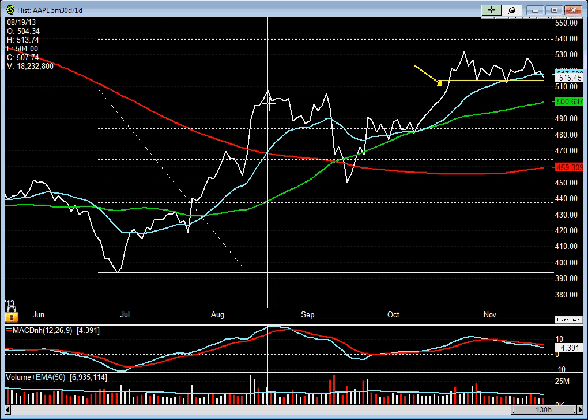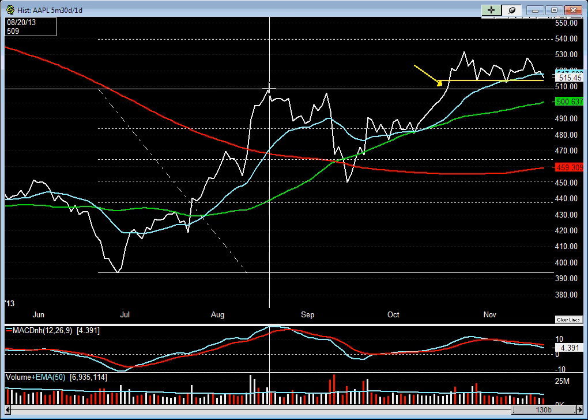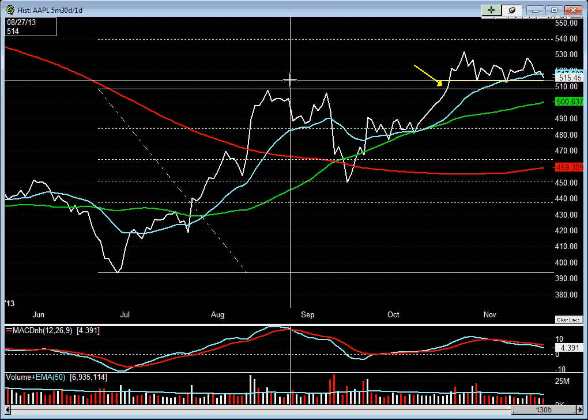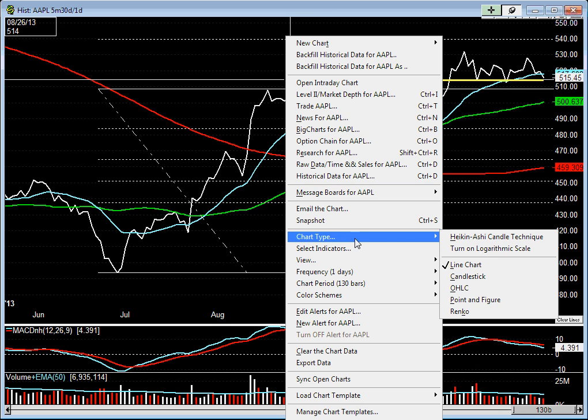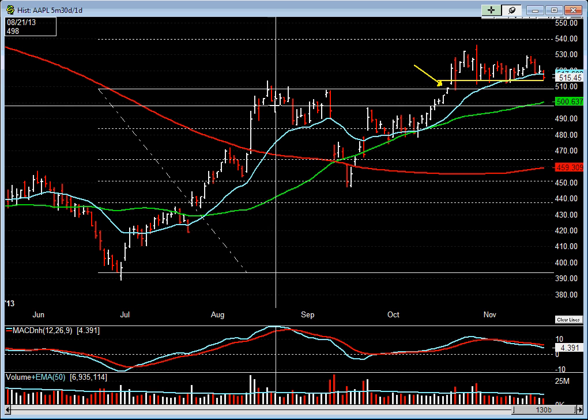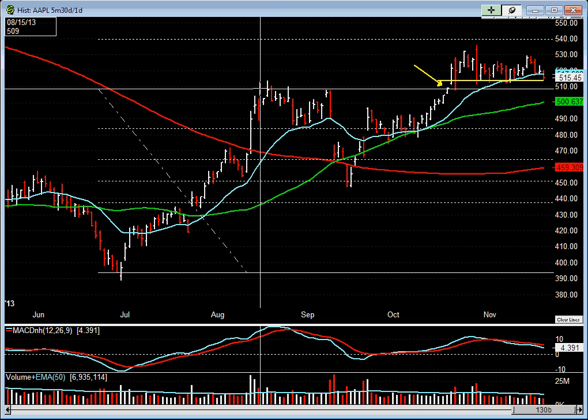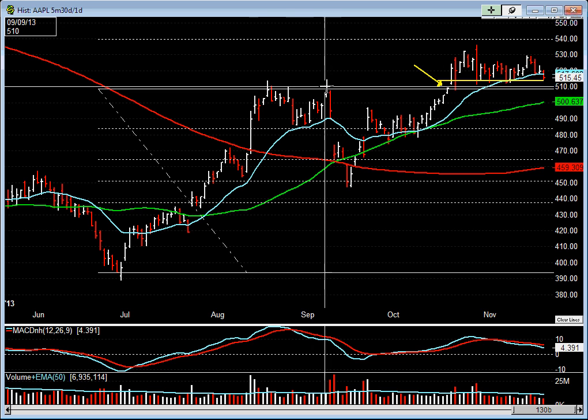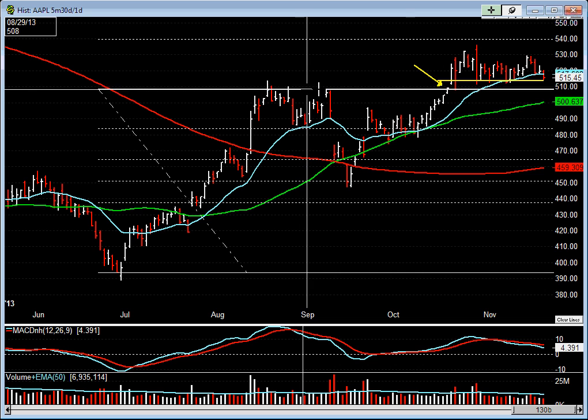So the close is 507.74, but you can see on the intraday price chart we could see some sort of a 510, somewhere around here. So you could look at this 510, 507 as the next level of potential support.